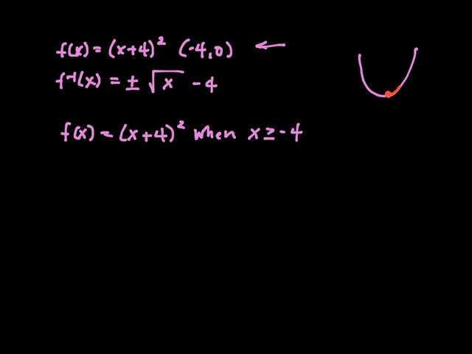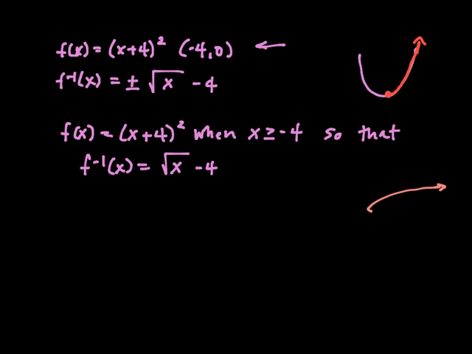That's my vertex, just to the right side, okay, so that f of -1 x equals square root of x minus 4, so that's just that half of that inverse, not the whole thing, because the original one looks like this. Okay, I just want that top portion.